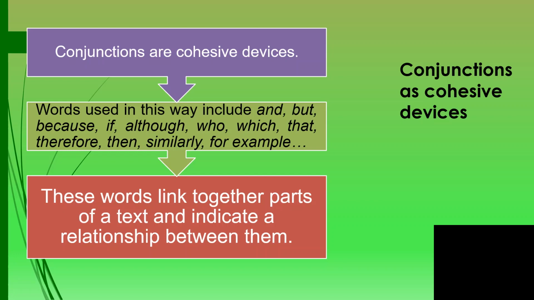Then there are words here at the end, therefore, then, similarly, for example, that don't really fall in a word class that we have studied. Don't worry about that. They're not really in the syllabus, but we should know them because they are cohesive devices.